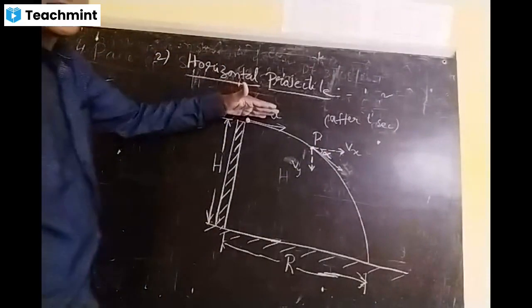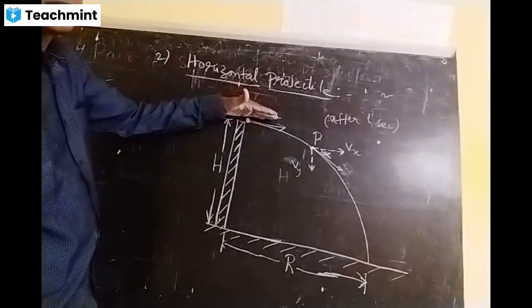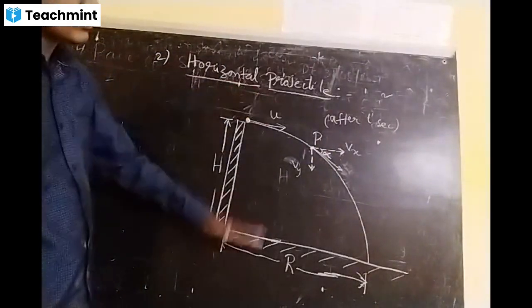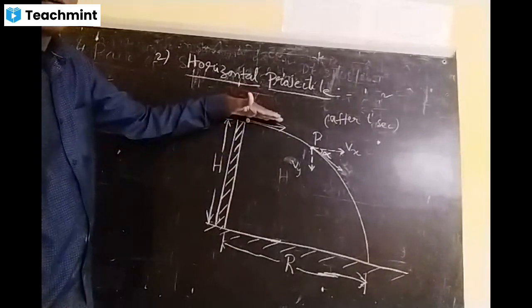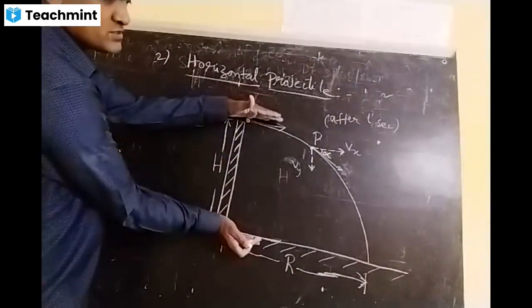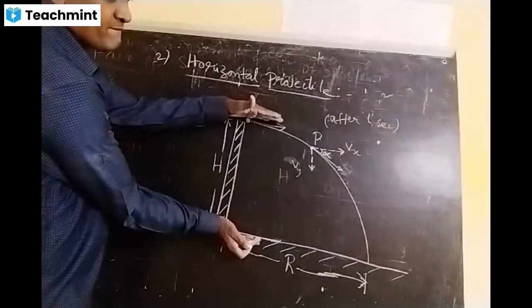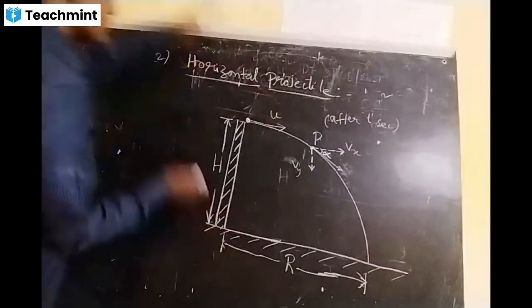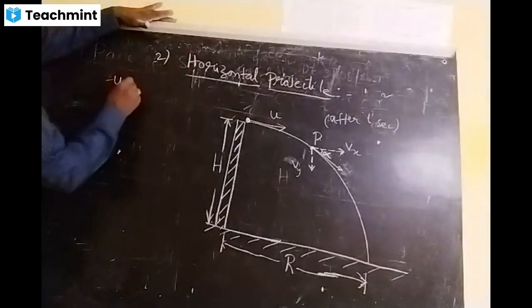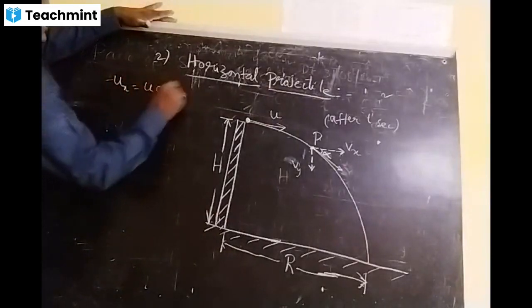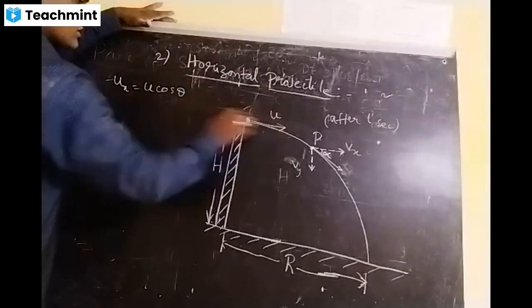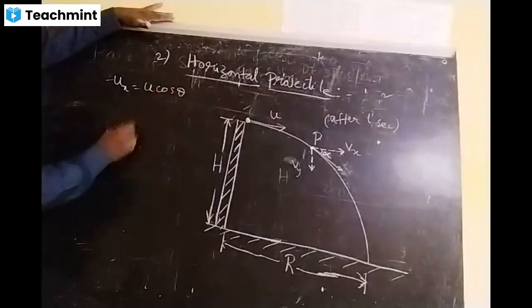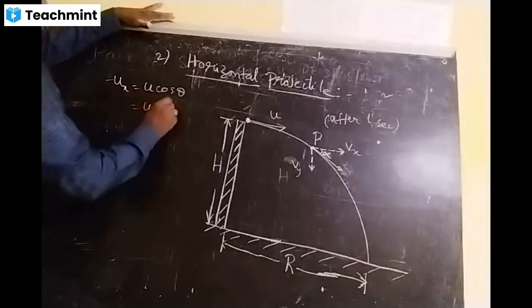Now you tell me, how are you projecting the particle initially with respect to the ground? Horizontal. Parallel. What is the angle between two parallels? 0 degrees. You said just now ux is equal to u cos theta. Now what value of theta should I take when you project horizontally? Theta must be equal to 0 degrees. So u cos 0 degrees.